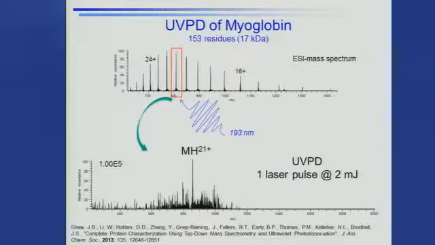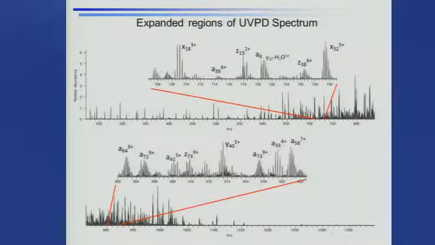It looks fairly congested to the naked eye. If you blow up those regions, you can see that they actually entail isotopically resolved fragment ions that can be assigned based on charge state and mass. And so it's actually an interpretable pattern, even if it looks congested at first glance.